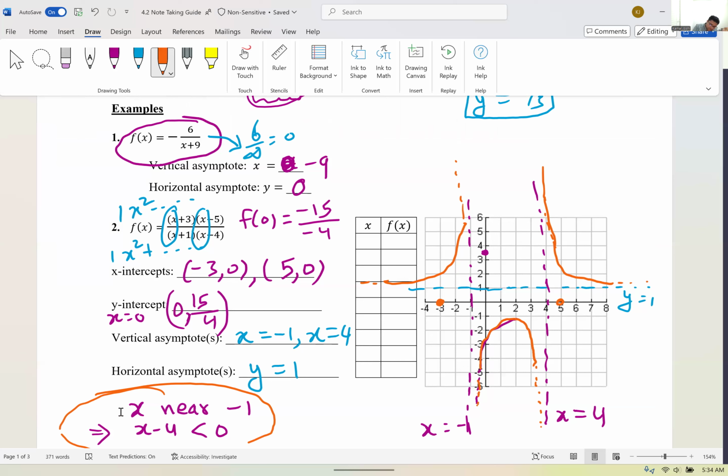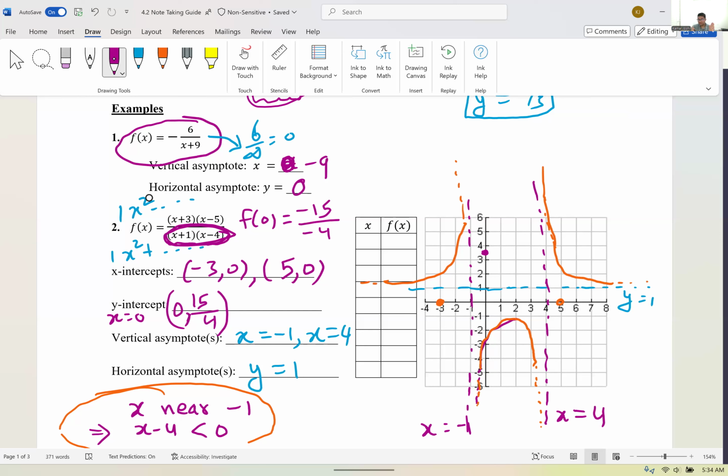Then you have to look at the two factors of the denominator. Let me erase this here and show you. The denominator has x plus 1 and x minus 4, two factors there. x minus 4 is negative at -1, so the question now depends on x plus 1. Whether it will be plus infinity or minus infinity depends on x plus 1.